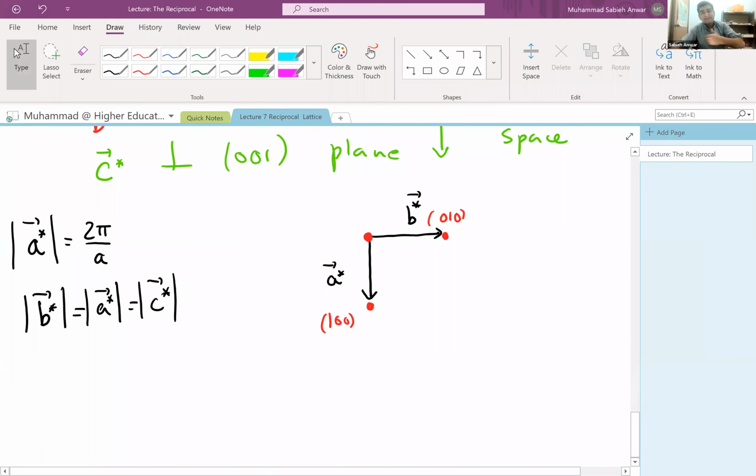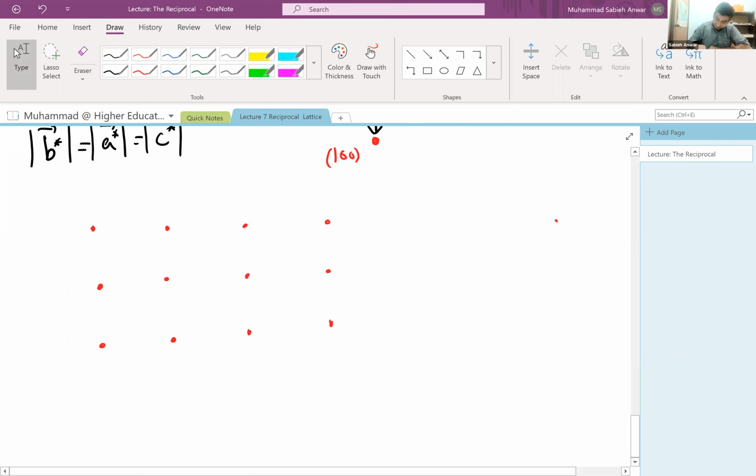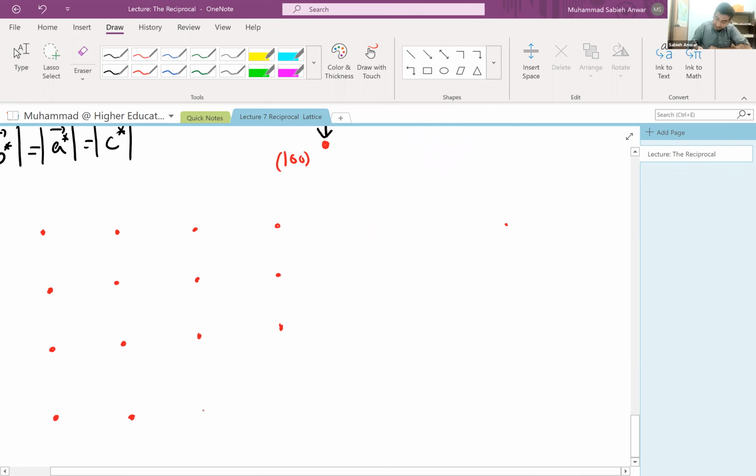And likewise, I can talk about other directions inside the lattice. So if, for example, I draw the cubic direct lattice in projection, the red is the direct lattice, with the A vector and the B vector, and I can specify planes.